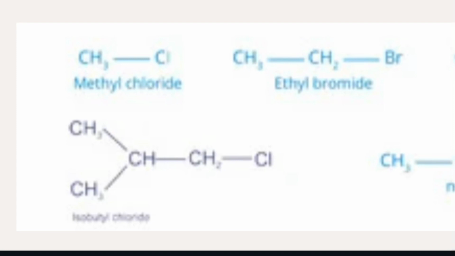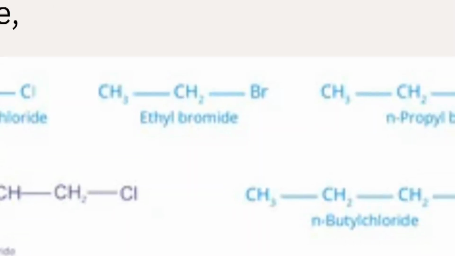Then this alkyl group becomes isobutyl. As it has 4 carbon atoms, this becomes isobutyl, and with the chloro group attached, in combination it is called isobutyl chloride.